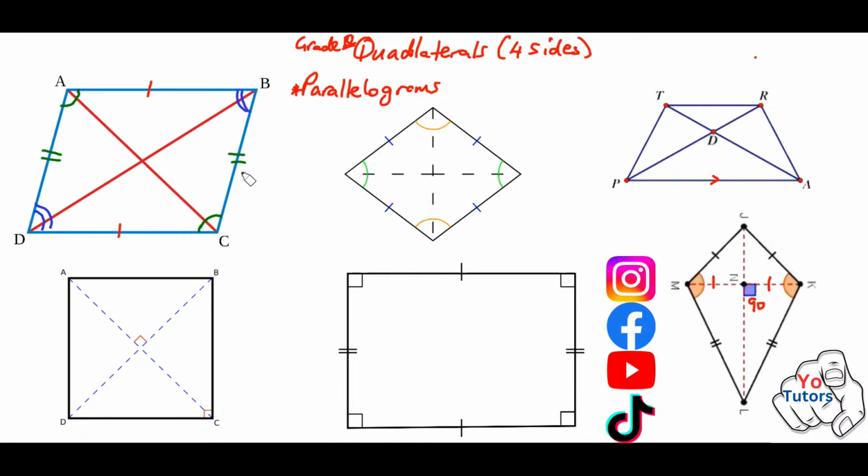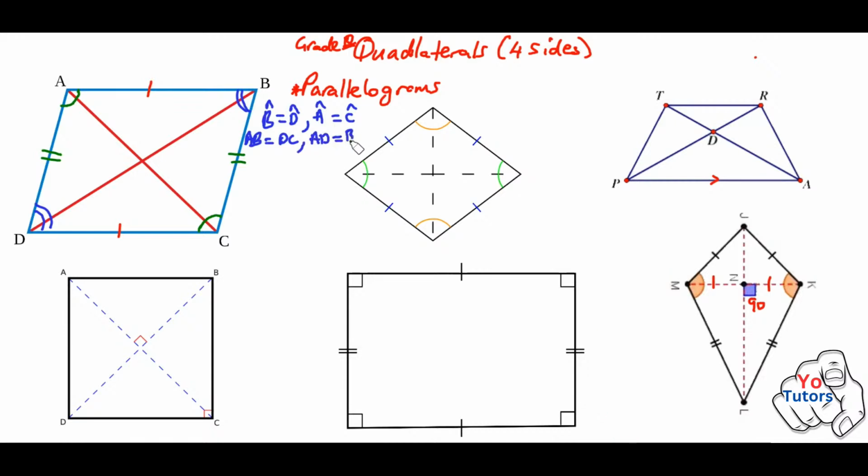When we say opposite angles are equal, we are saying here B is equal to D, and also A is equal to C. Then we can also say AB is equal to DC, and also AD is equal to BC. That's what we've explained so far.